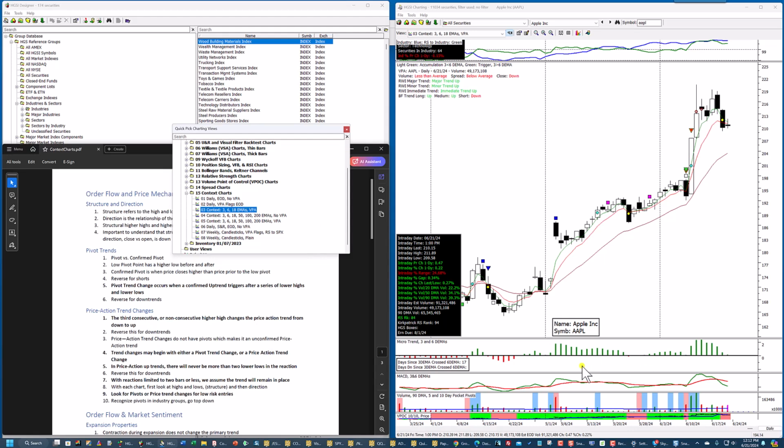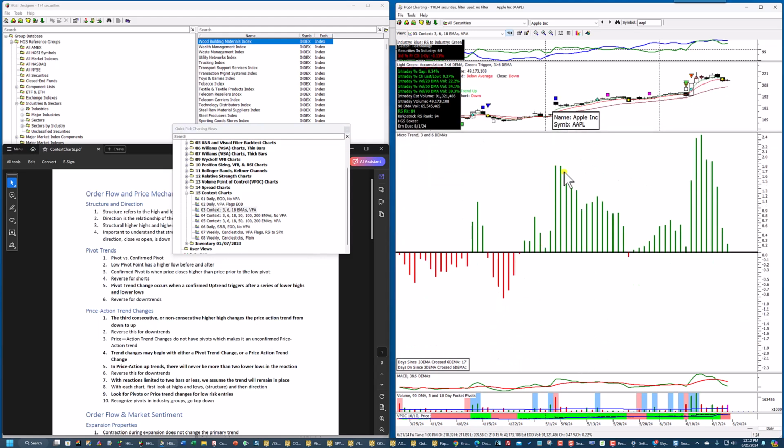I have added the MACD 3, 6 here, just as kind of a momentum indicator. Over the years, I've just been using this view right here because it's a 3. When the 3 crosses the 6, the green histogram is going to be positive above the black line. When the 3 crosses down, it'll be red. And I can see momentum here.